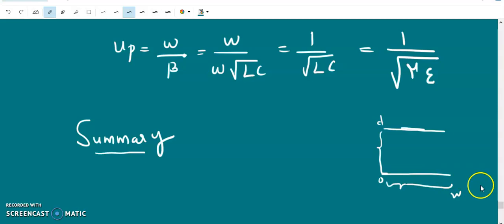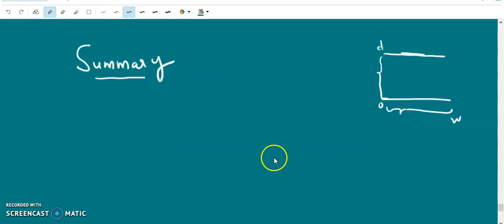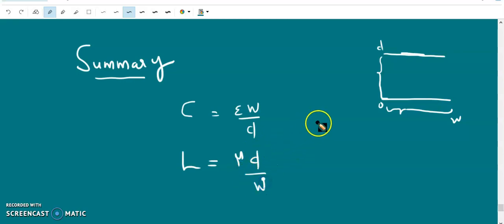While integrating, we introduced two quantities for the transmission line: the capacitance per unit length, epsilon w by d, and the inductance per unit length, mu d by w. The capacitance has a unit of farad per meter, and the inductance has a unit of Henry per meter.